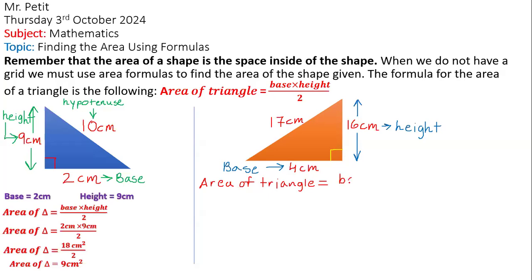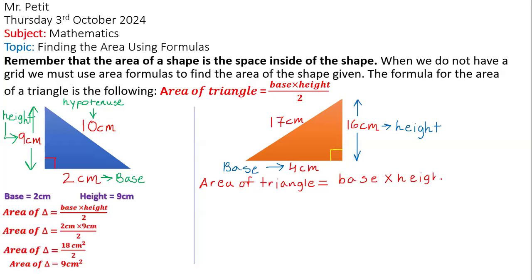Base times height divided by what? Divided by 2. It's always divided by 2.